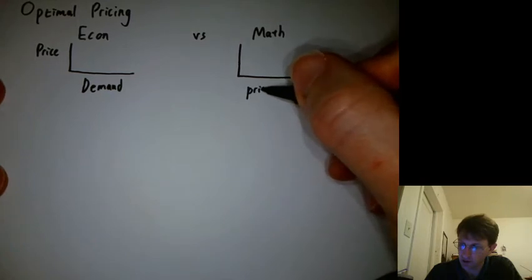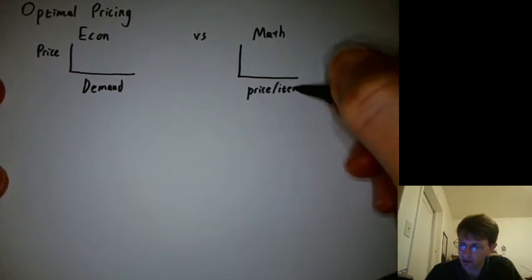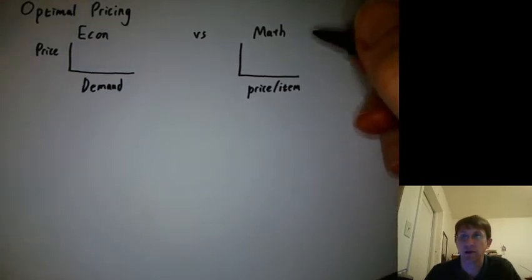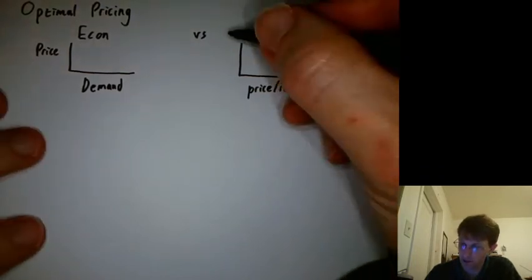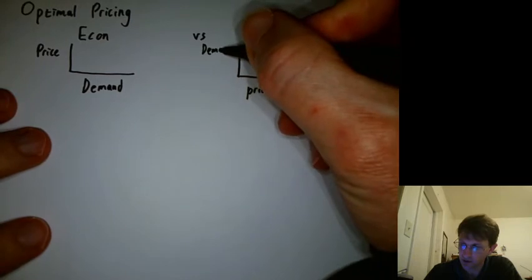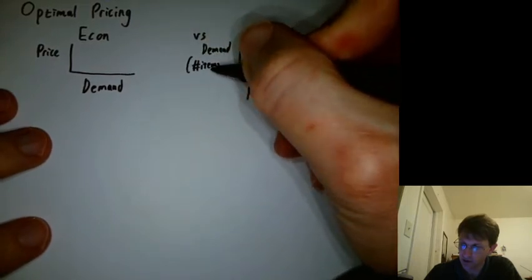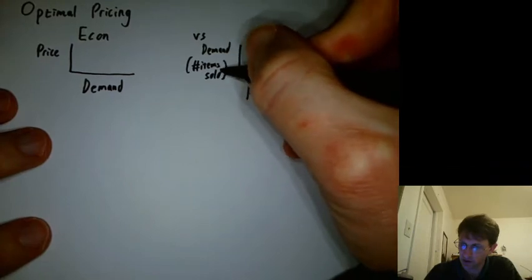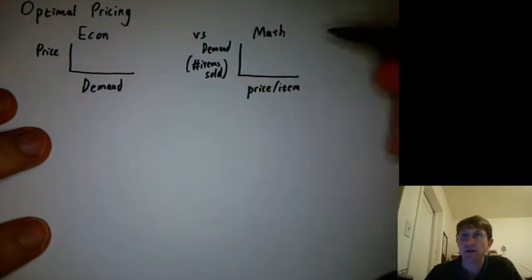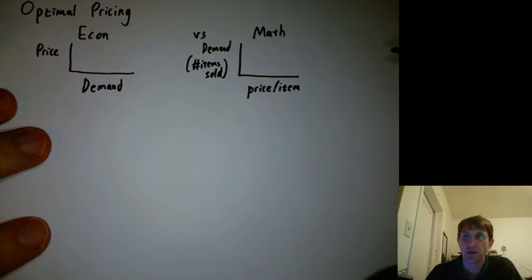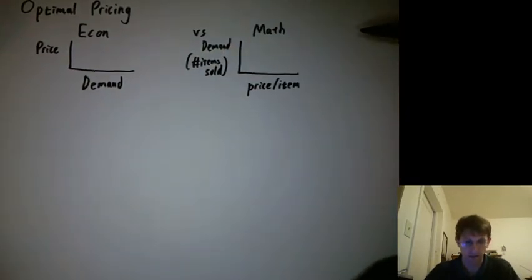So they'd put the price per item on the x-axis because that's kind of the independent variable. You can directly set that. And then the demand, the number of items sold, will go on the y-axis. So that's the way we'll think of it. And if you want to do it in econ, you can do it that way later.